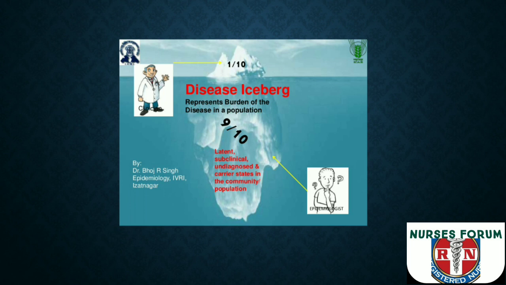The part above the water level that we can see represents diagnosed cases or clinical cases, treated cases and death cases. The tip of the iceberg represents death cases. The part under the water that we cannot see represents latent cases, all undiagnosed cases, subclinical cases, carrier cases. This is a phenomenon called iceberg of disease.